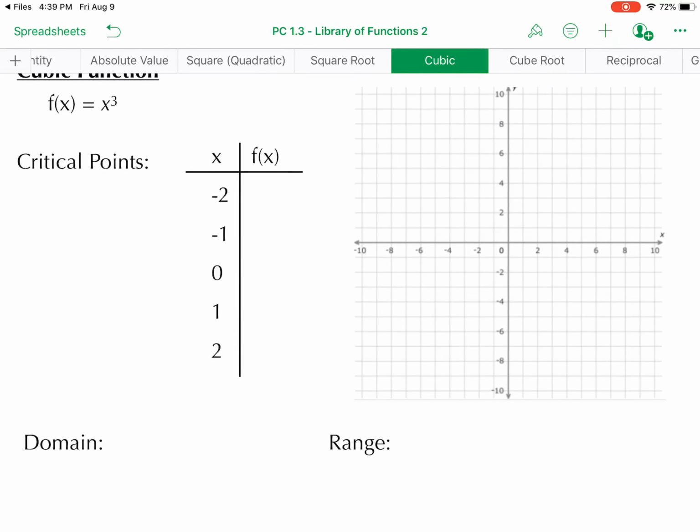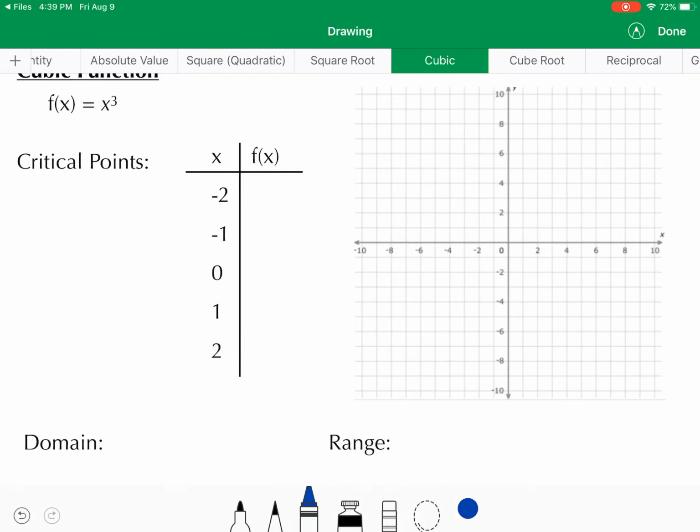Okay. What does -2 cubed result in? That results in -8. -1 cubed is -1. 0 cubed, 0. 1 cubed. And 2 cubed. Plot them.